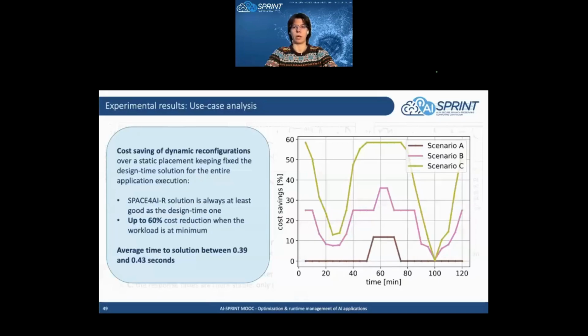The maximum saving, up to 60% for the third scenario, is achieved when the workload is minimum, since the design time solution is computed for the maximum expected workload, and therefore, when the workload is minimum, there's more space to optimize. We can also note that the average time required by the SPACE4AI-R optimizer to determine a new solution is of the order of 0.4 seconds.